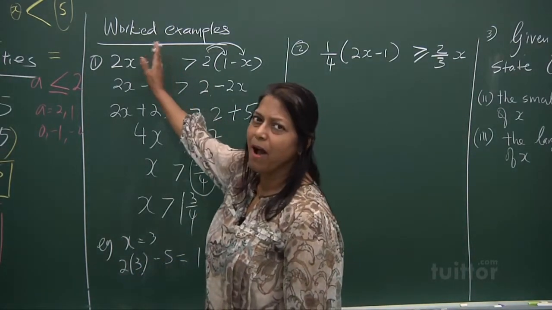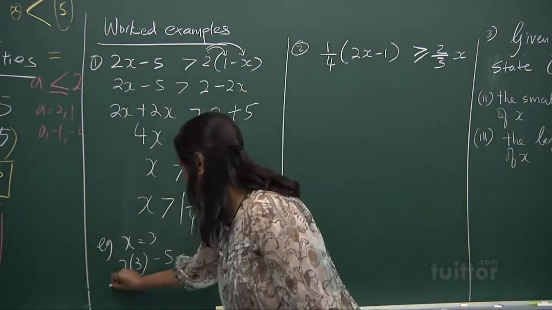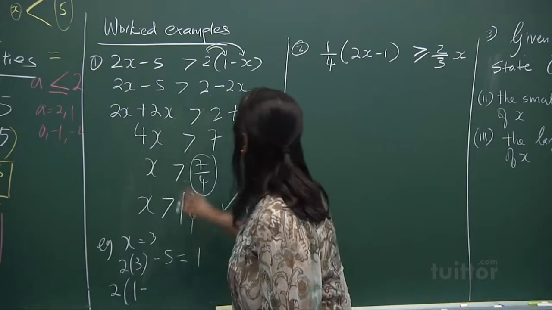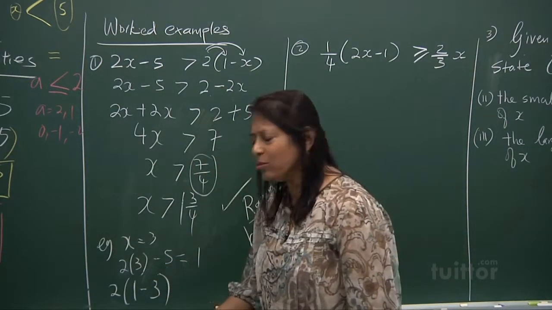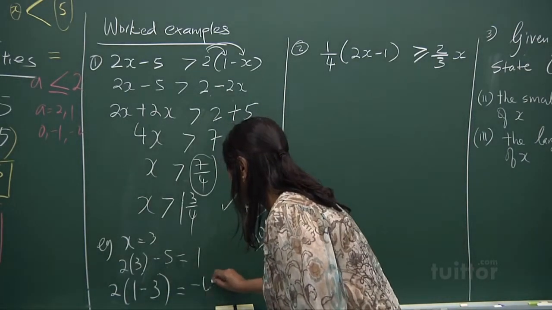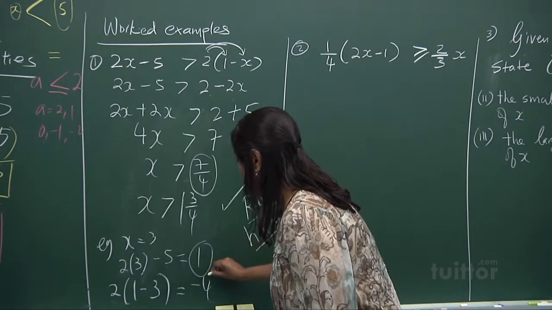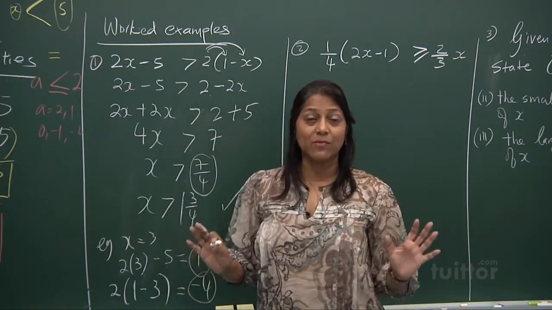This is my left-hand side. Let's look at the right-hand side. 2(1 minus x), 1 minus 3, what do I get here? Minus 2, right? Minus 2 times 2 is a minus 4. Isn't 1 bigger than minus 4? Yeah, bigger. So it satisfies.